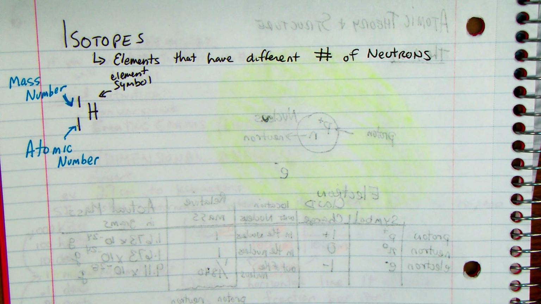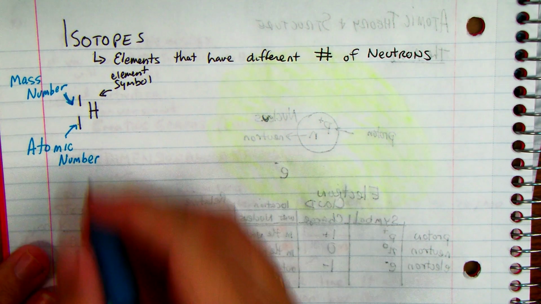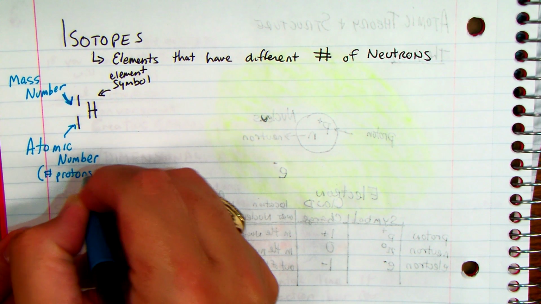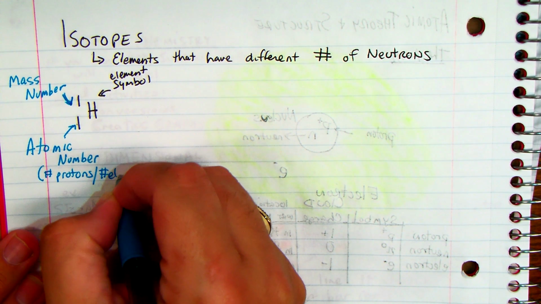what's the atomic number? What did we already define as the atomic number? Yep, that's the number of protons, number of electrons.